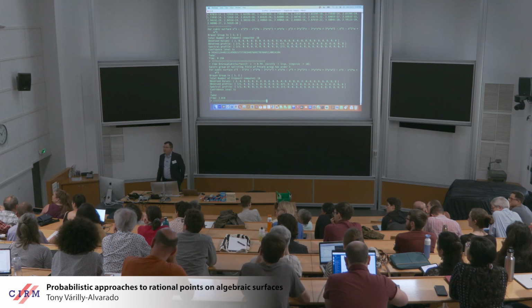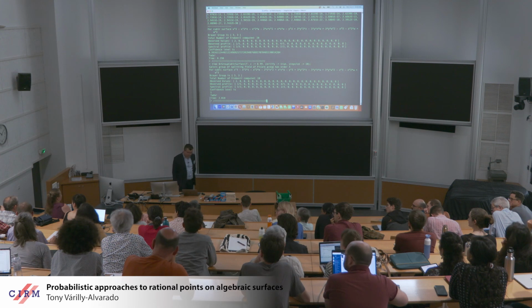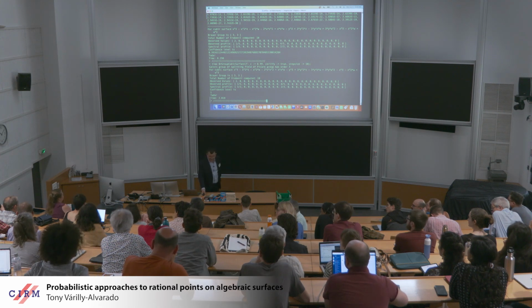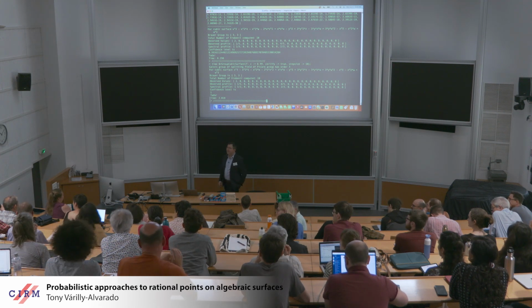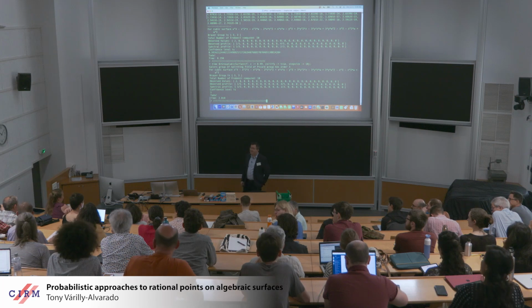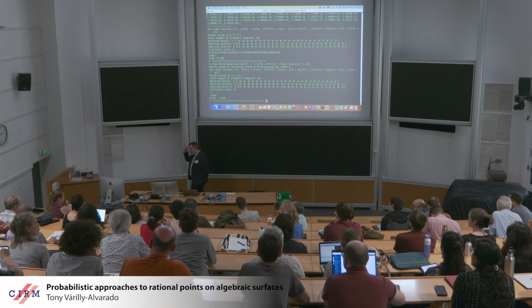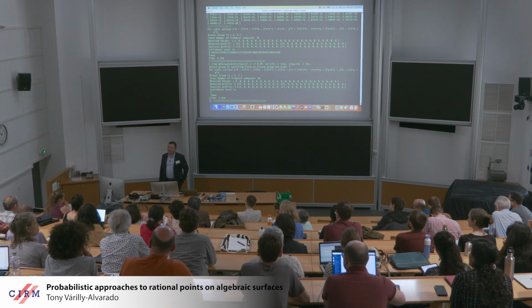I understand that your main goal is a challenge for Del Pezzos of degrees 2 and 1, but may I ask you about another direction, say conic bundles with a large number of degenerate fibers, where you have W of Dn, which also becomes larger and larger. That's right, thank you for that. That's awesome. I think that would be a really interesting direction to take this in.